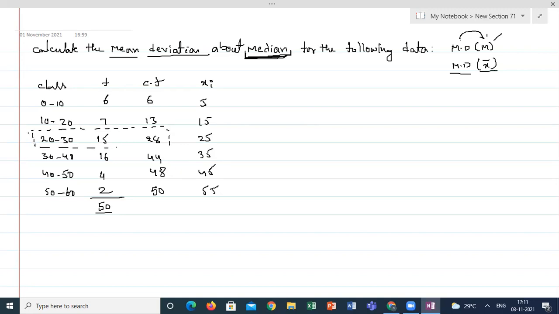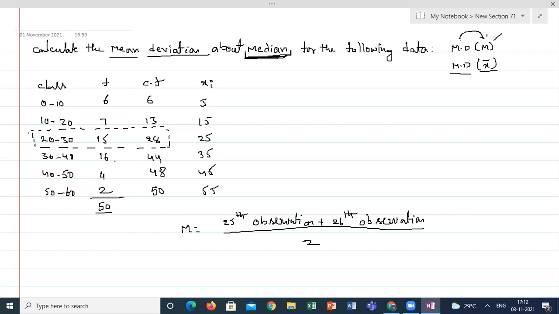This is one way of calculating the median. There is another way of calculating the median. Total number of observations is 50. So median will be equal to the 25th observation plus the 26th observation, divided by 2.